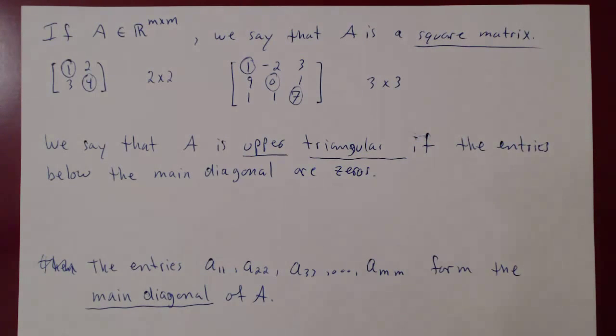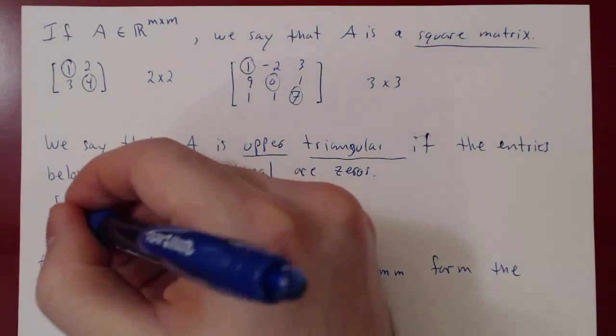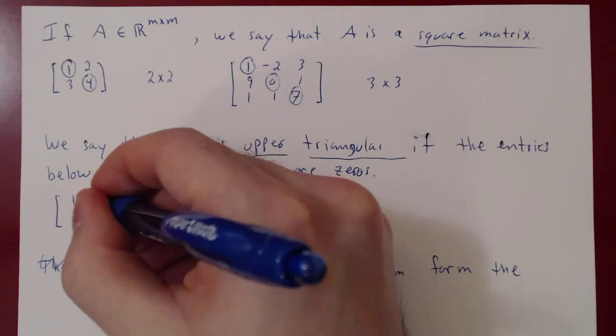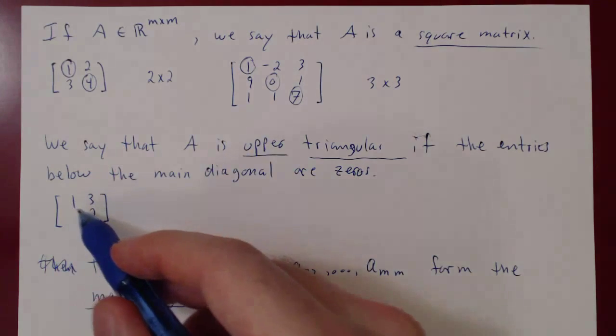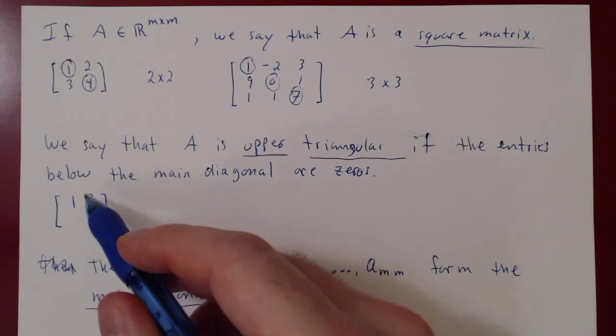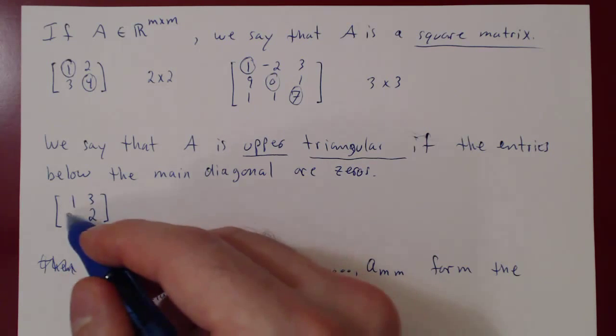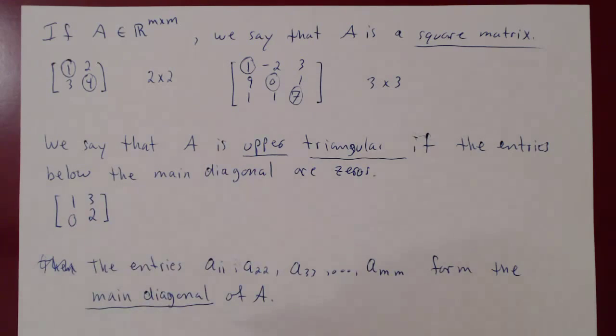So the entries on the diagonal can be anything, and above can also be anything, but the entries below the main diagonal have to be zeros. Let's look at a few examples. Suppose we take 1, 2, 3. Here's your diagonal, can be anything you want. Here's what's above, but what's below has to be 0. So this would be a 2 by 2 upper triangular matrix.